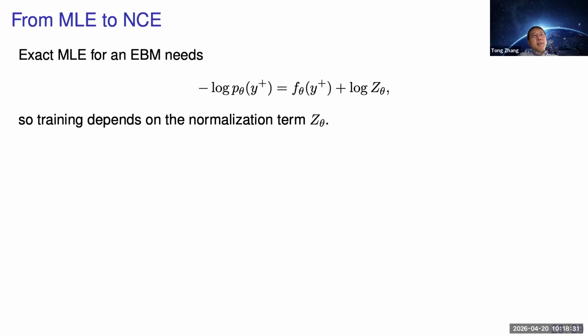Then you can think about the number of samples, and the likelihood is weighted by these samples. So it's a softmax.